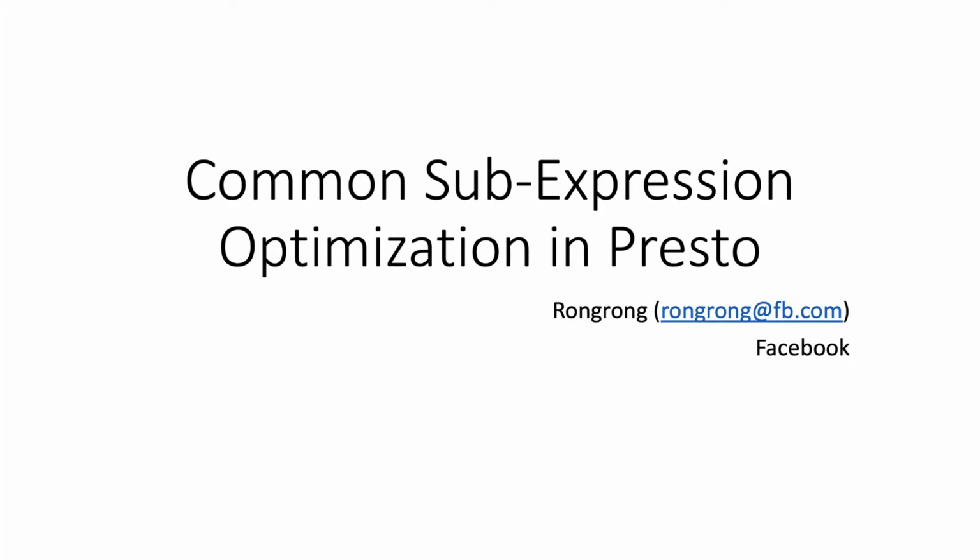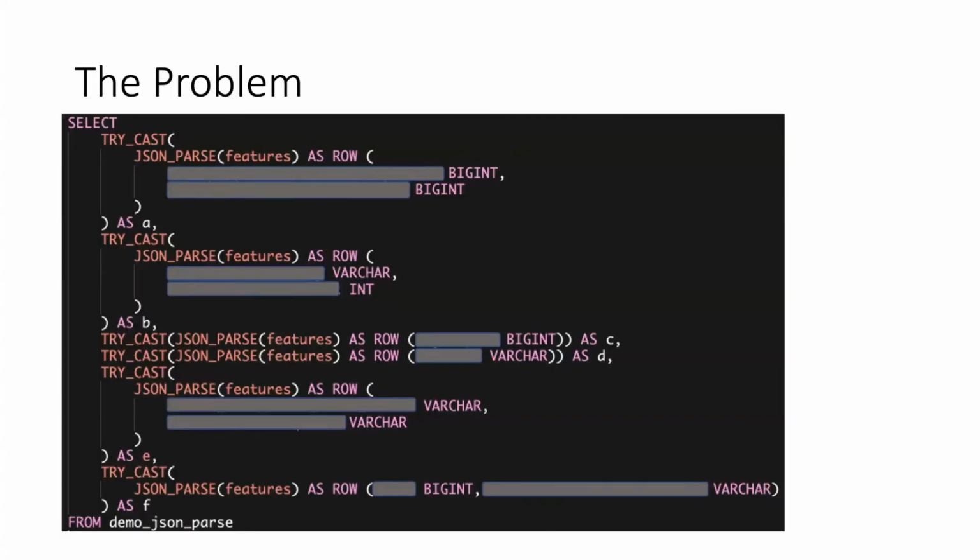The motivation is that we've seen these kinds of queries a lot in production. People at Facebook love using JSON because it's very flexible. You can basically change the data without changing the schema and everything.